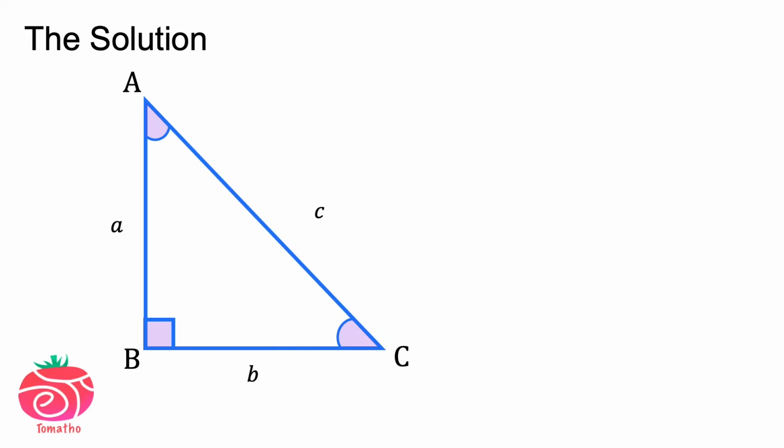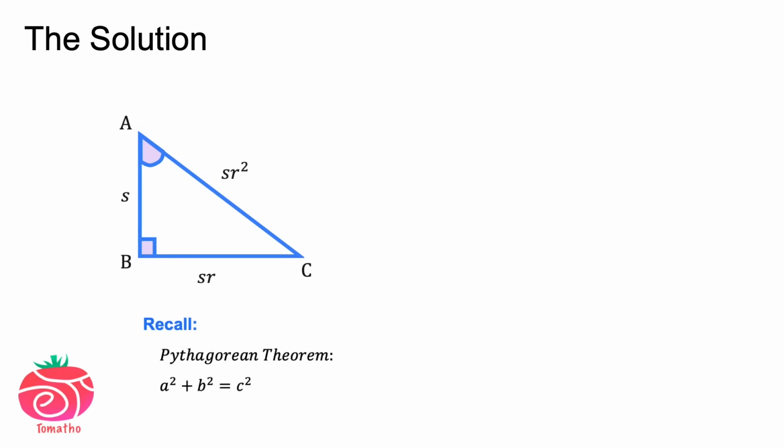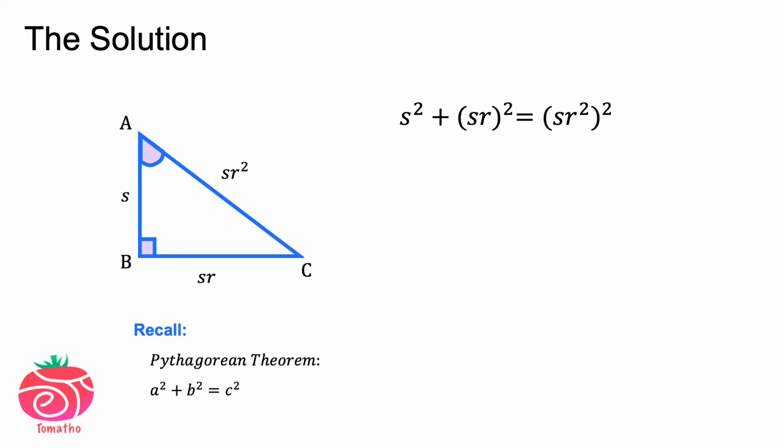So to recall, the Pythagorean Theorem is as follows. Where C is the hypotenuse, the theorem states that A squared plus B squared equals C squared. So, by applying this theorem to the triangle, we have the following equation.